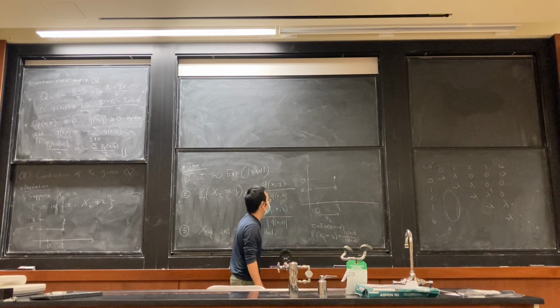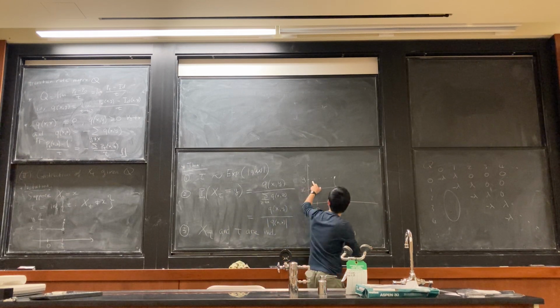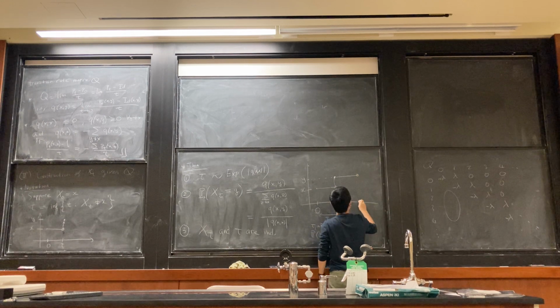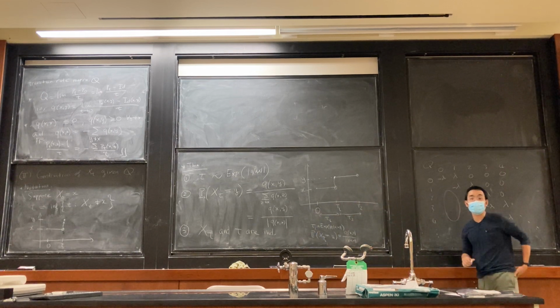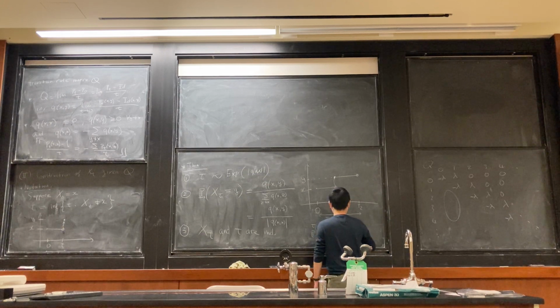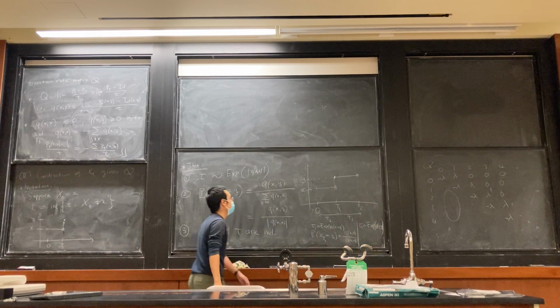Then what I do next is restart my process again. Starting from y, I wait some time, which is my T_2. The waiting time tau_2 is another exponential, with parameter |Q_yy|.